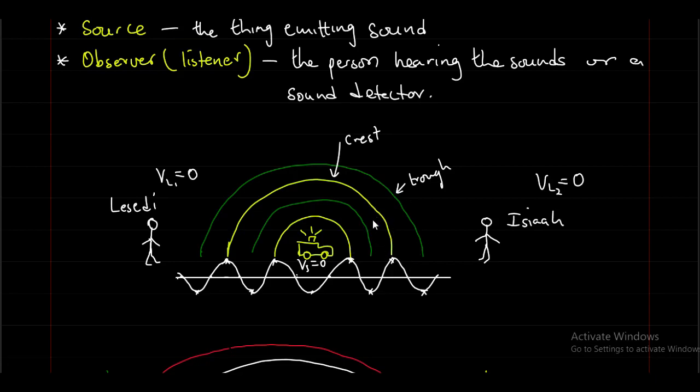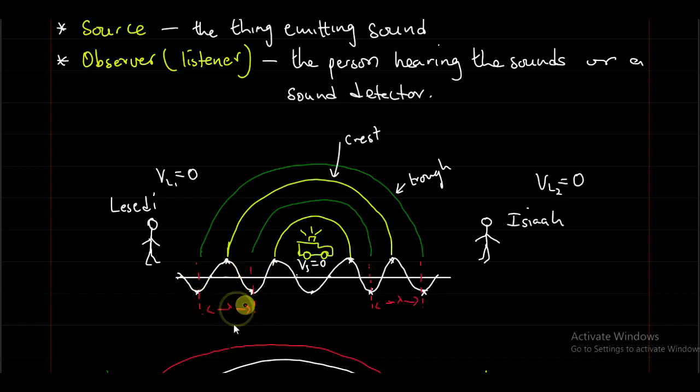My wavelength will be between the two troughs, the two green lines. So between the two troughs, I will have my wavelength. And also here I have my wavelength.